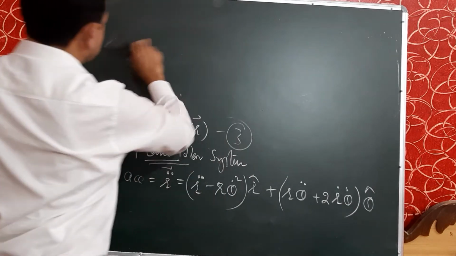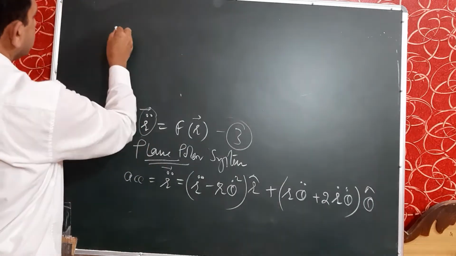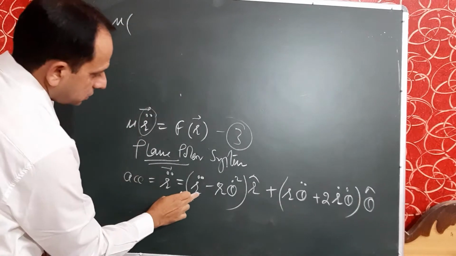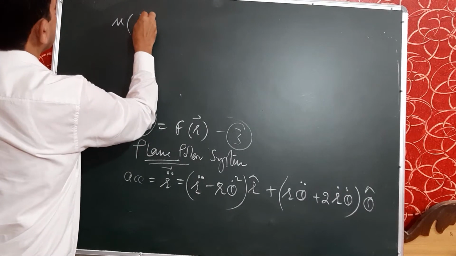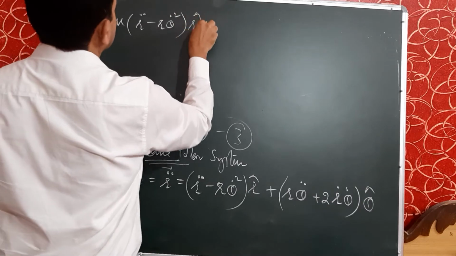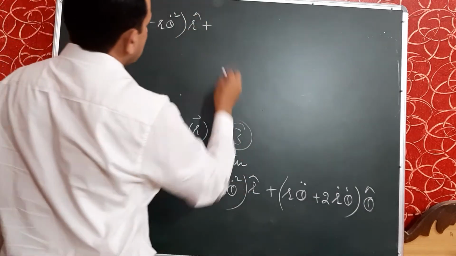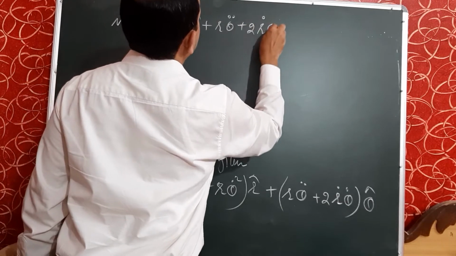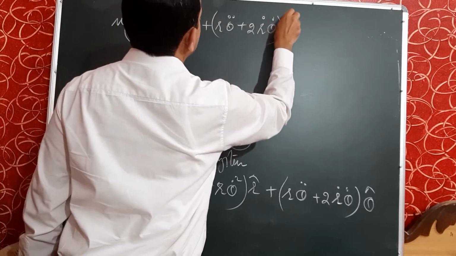we will find this equation becomes mu into this r double dot, that is r double dot minus r theta dot square into r cap plus r theta double dot plus 2r dot theta dot into theta cap.